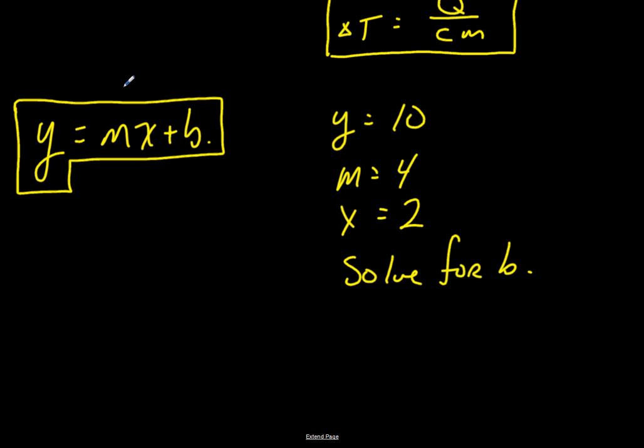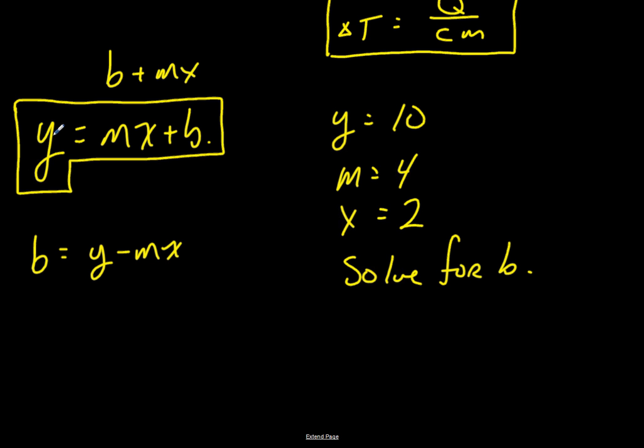So I would say, think of this as b plus mx, it comes to the same thing, and then just subtract the mx as one group off both sides. You should come up with this. B should be equal to y minus mx.